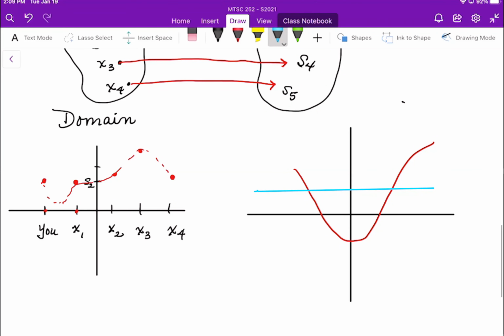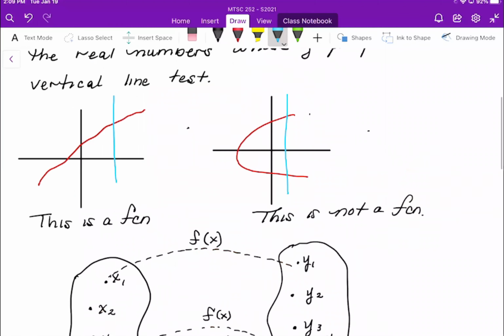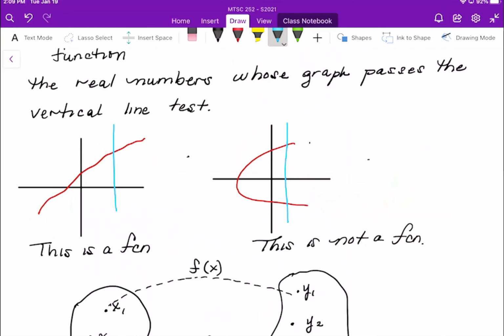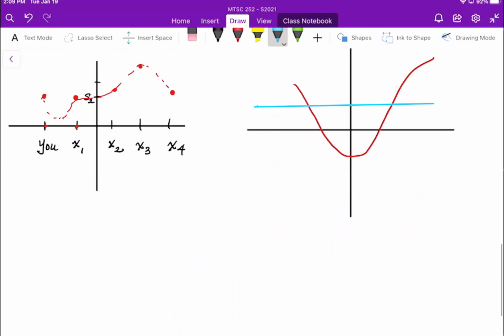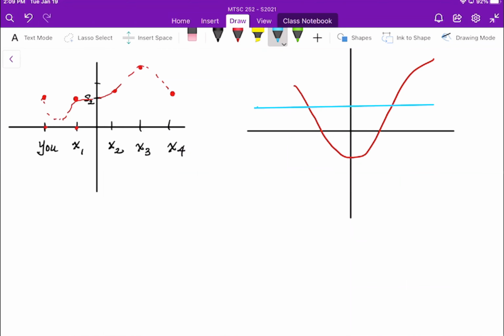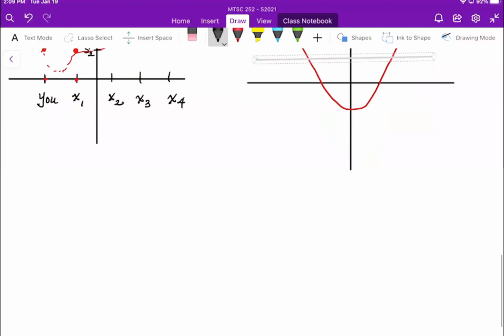So now let's go back. We already said something's not a function if it fails the vertical line test. So in order for it to be a function, it has to pass the vertical line test. In order for it to be a one-to-one function, it has to pass the horizontal line test. Okay, so let's write that out.